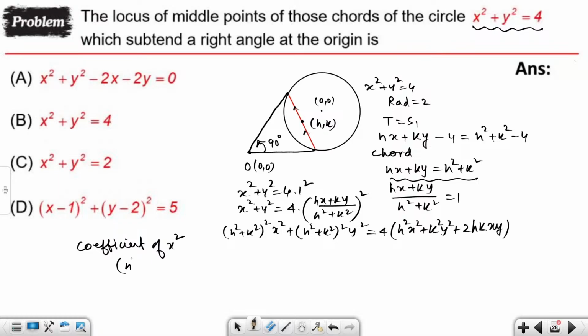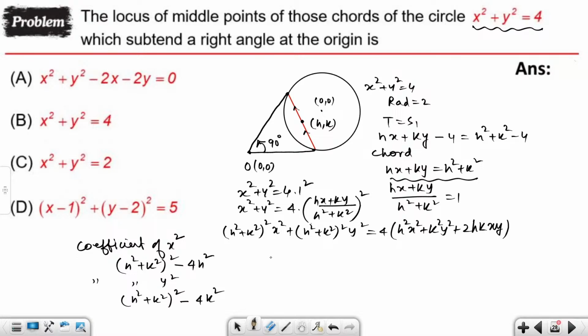It is (h square plus k square) whole square minus 4h square. Am I correct? And the coefficient of y square is (h square plus k square) whole square minus 4k square.